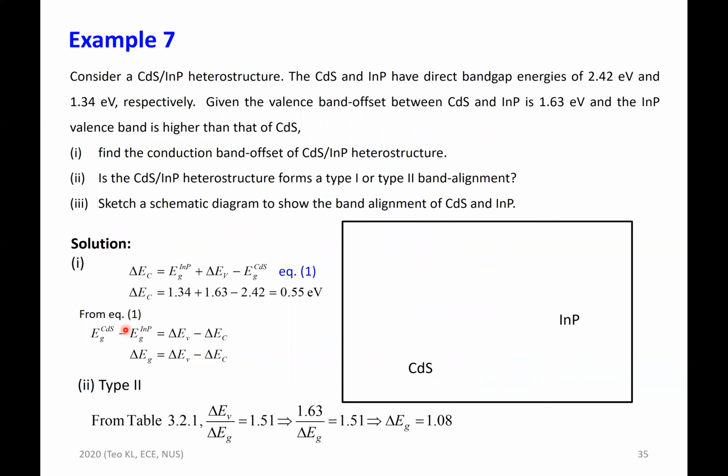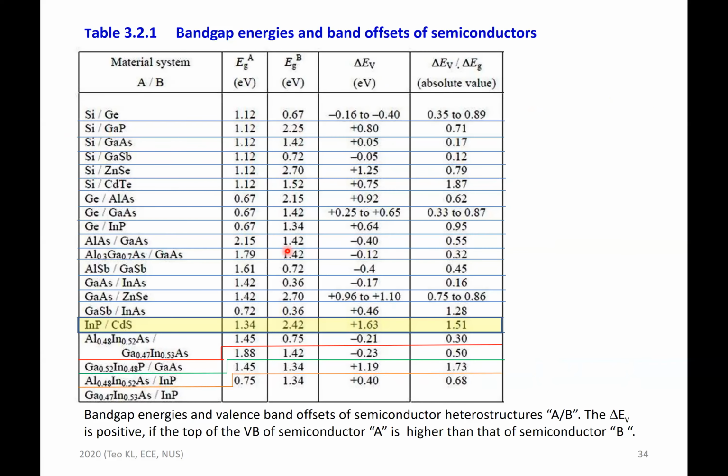Consider a cadmium sulfide indium phosphide heterostructure. Cadmium sulfide and indium phosphide have band gaps of 2.42 and 1.34 eV. The valence band offset between cadmium sulfide and indium phosphide is 1.63 eV, and the indium phosphide valence band is higher than that of cadmium sulfide. So down here, you can see it's a positive value.